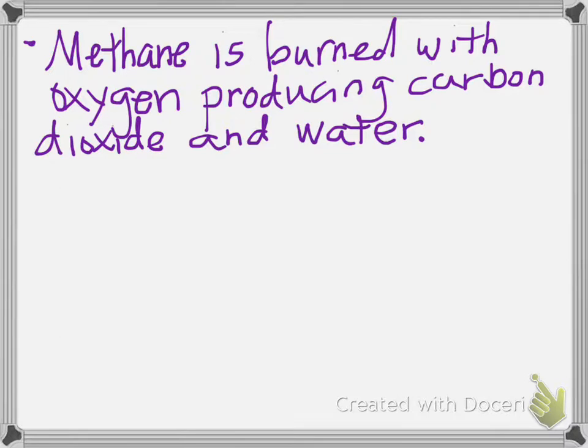So again, the parts of this that become symbols, okay, that is burned with, producing, and, right? The is burned with is going to become a plus sign, because that's telling us there's another reactant. Producing is going to become our arrow, and again is going to be a plus sign.